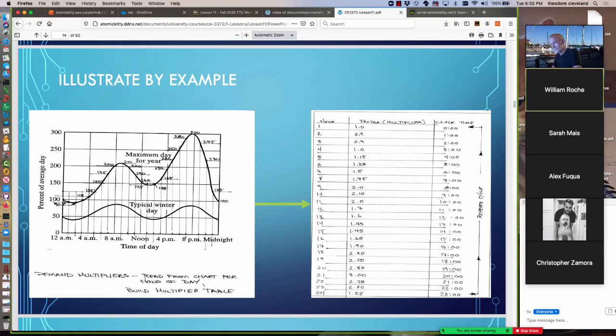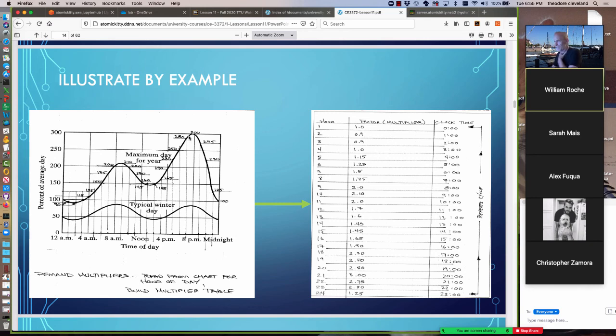Now it doesn't take a far stretch of imagination to observe that the total volume produced on an average day is different than the total volume that would be produced on a maximum day.